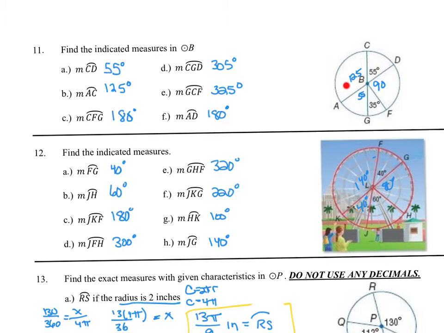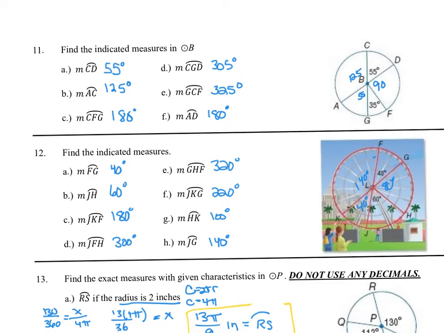And if this is 125, this one has to be 55 because that has to make a 180. And if this is 55 and this is 35, then this must be 90 because that needs to make a 180.